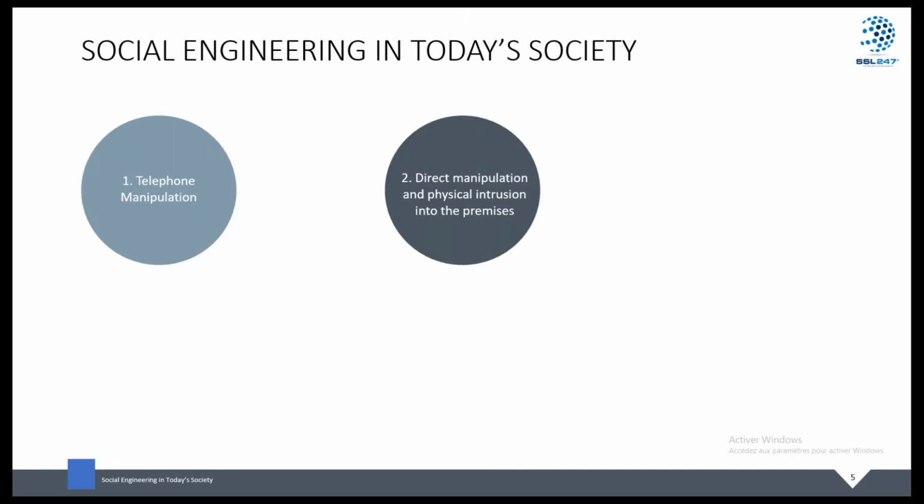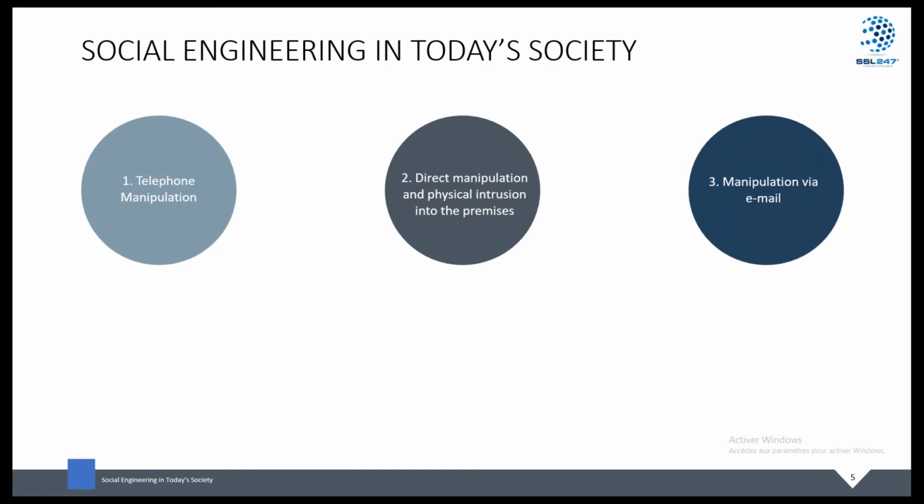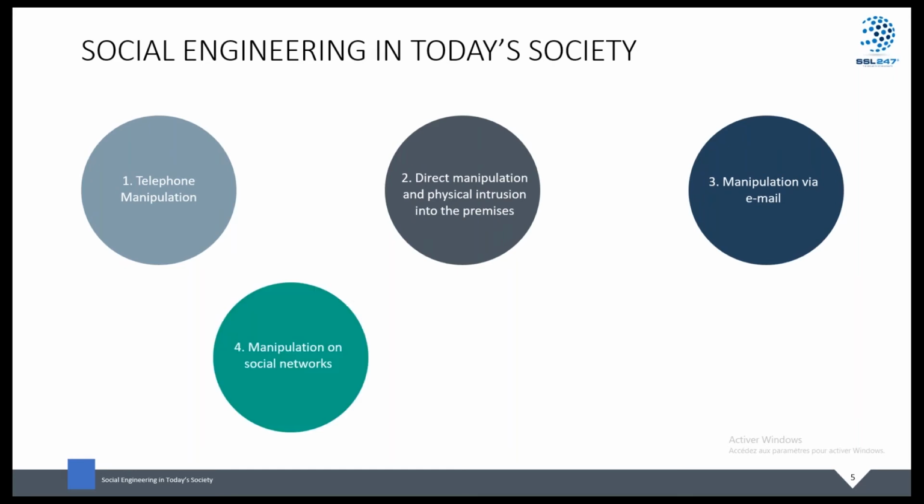There is also physical intrusion. Physical intrusion is the art of getting into the premises just by luring employees to let the attacker in. Manipulation by email is the most popular one. It's called phishing, so you've probably all heard about that.